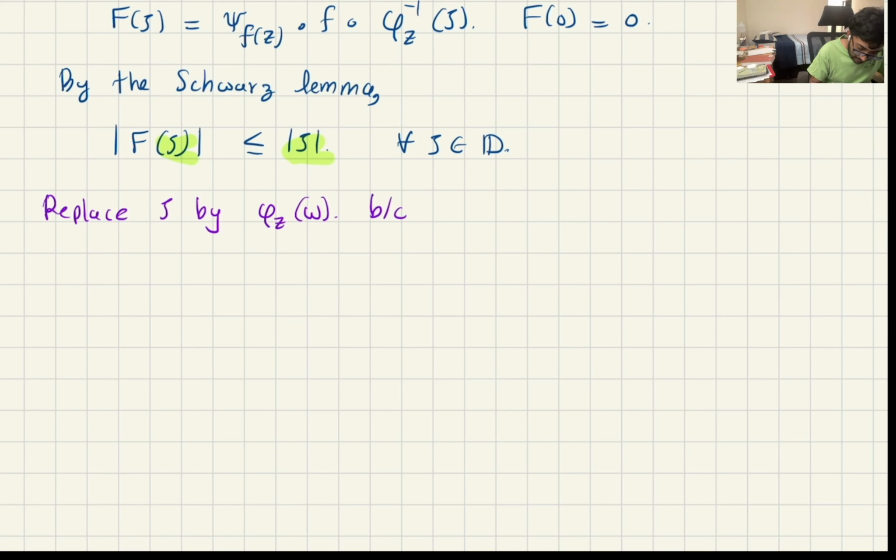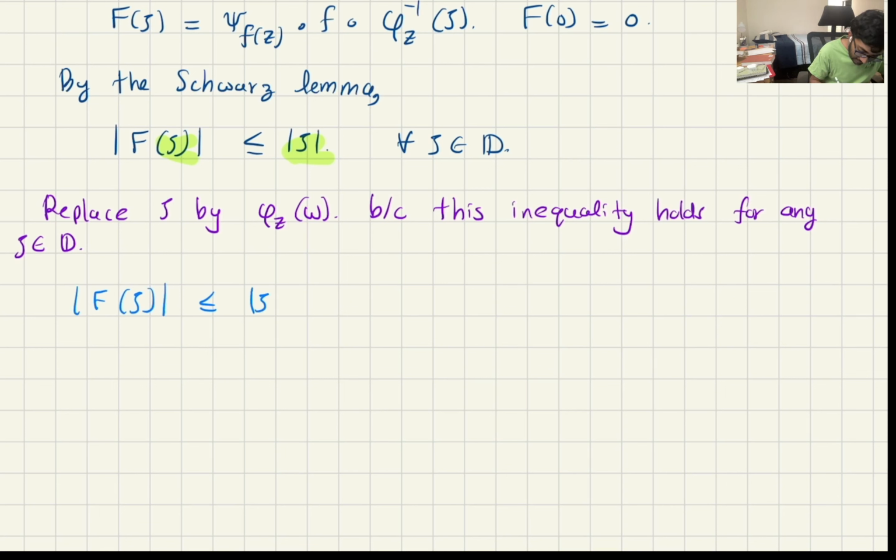Replace theta by phi ZW means, because this inequality holds for any theta in the unit disk, I have modulus of f of theta less than or equal to theta.